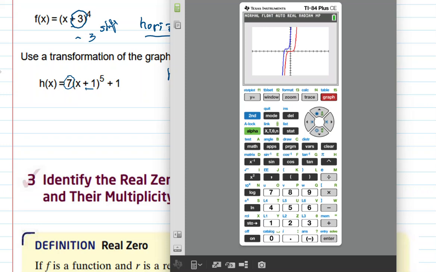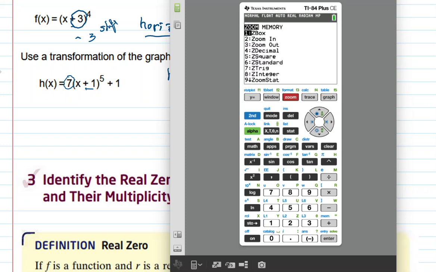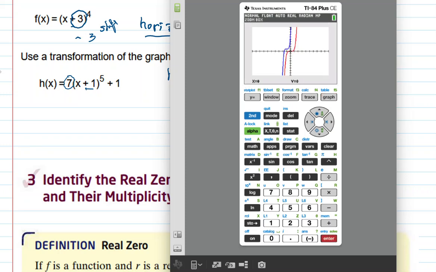All right. So we're going to go to zoom, and we're going to do box number 1. And what you do is you find where the cursor is. Go higher. Doesn't matter where you put it, just so long as you've got the most interesting part there.